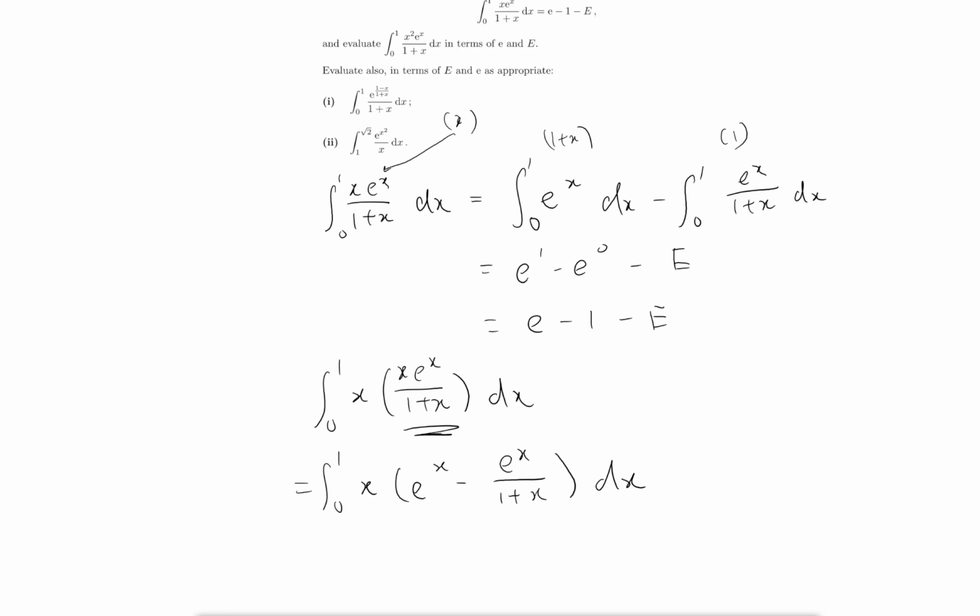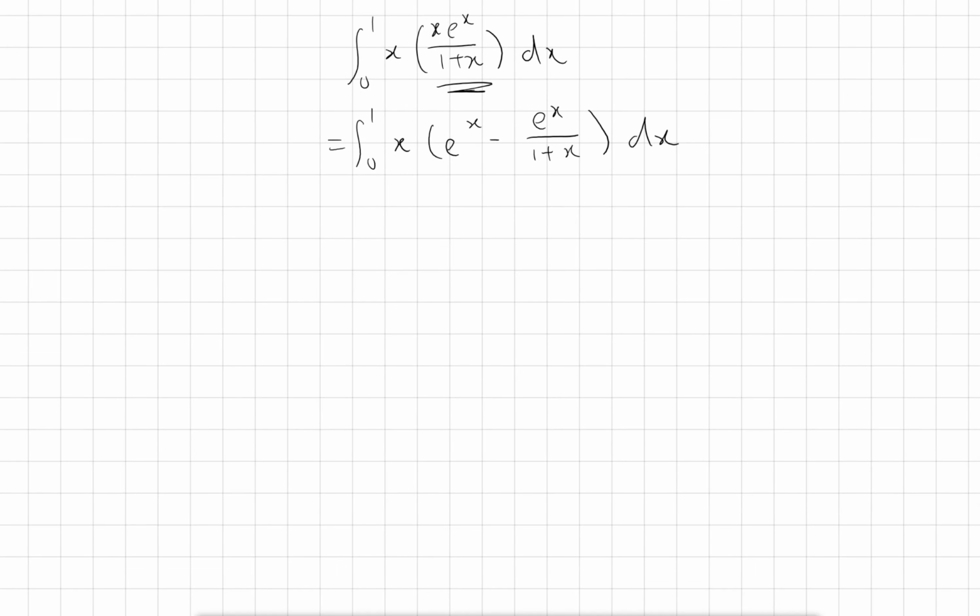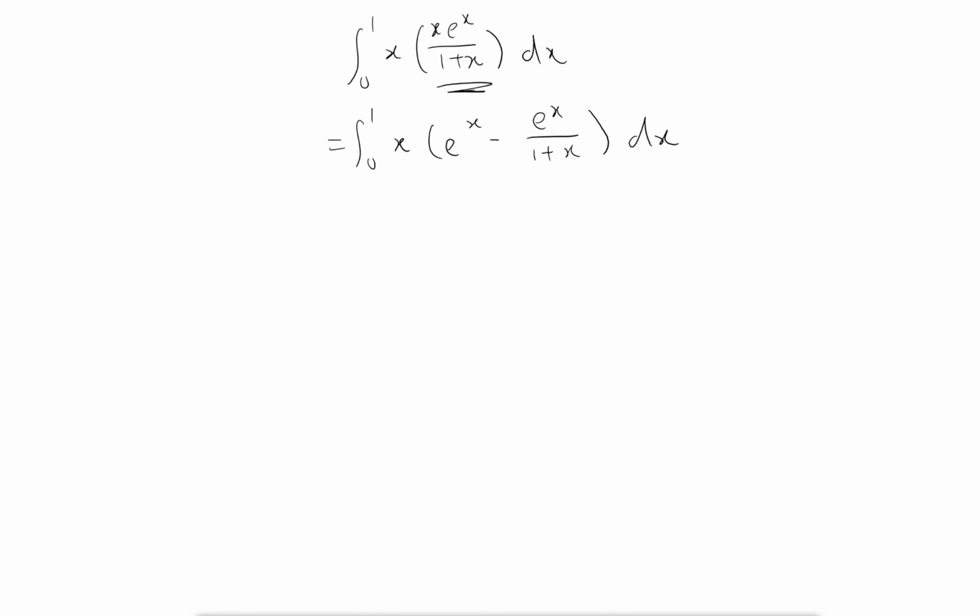Now let's expand the brackets. What we've got is x e to the x subtract x e to the x over 1 plus x dx. The last bit we know is e minus 1 minus big E, because we did that last part. But the first bit is an A-level integral, which is by parts.